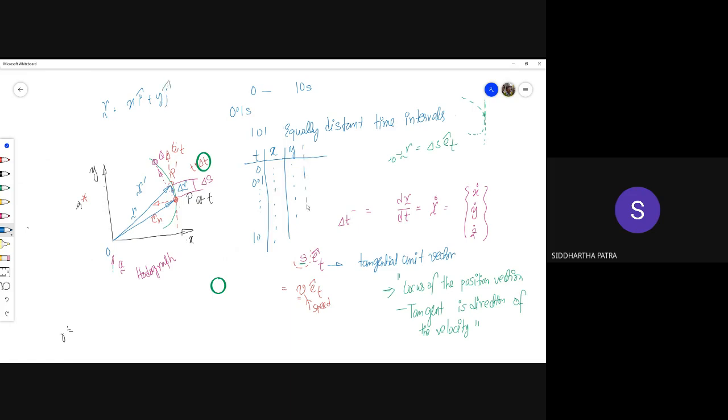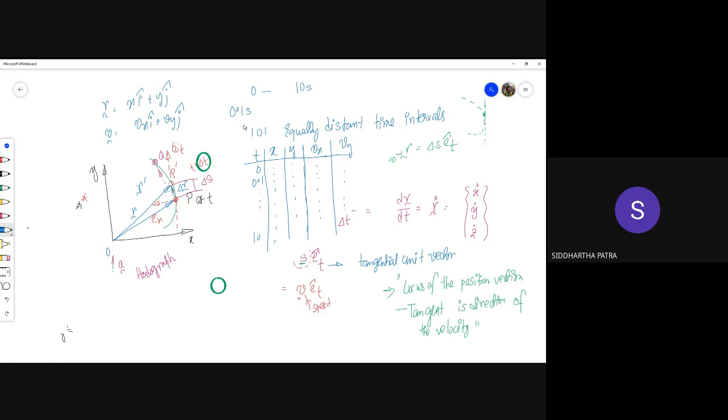Now, instead of doing that, if I were to track the x and the y component of the velocity, imagining that I have that much tracking capability, I'll get another Cartesian vector, vx, vy. It doesn't have to be Cartesian, but Cartesian is the simplest one. So that way, I'll have the velocity vector at each instant of time.